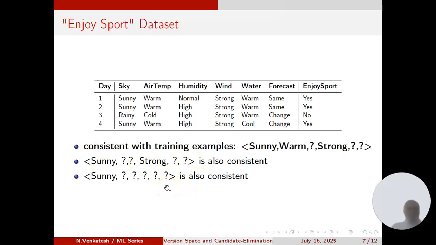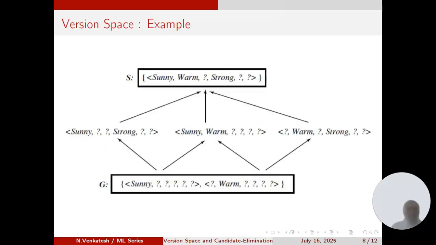So now how compactly can these be represented? These are the 6 hypotheses which satisfy those training examples. Now we can see that sunny, warm, question mark, strong, question mark is the most specific hypothesis that we got from Find-S.